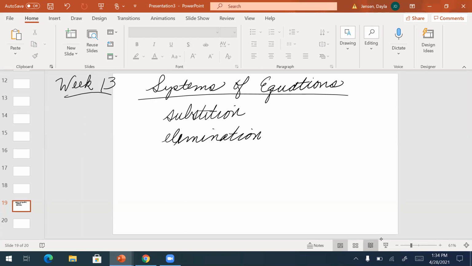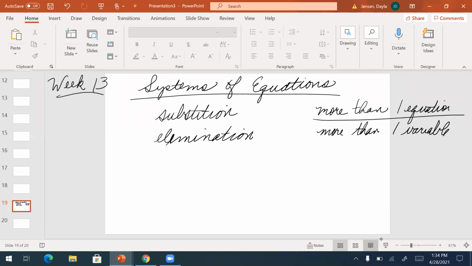So we start with more than one equation. We've only actually looked at two so far. And more than one variable. This more than one equation, that's the system. More than one variable.